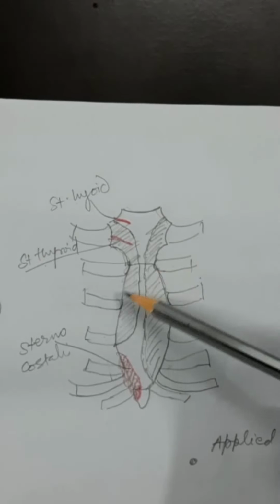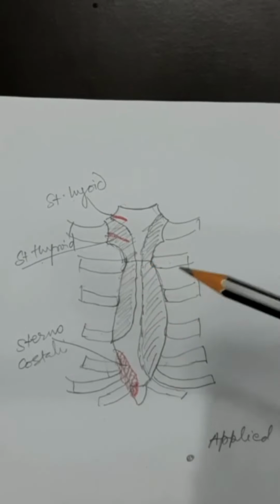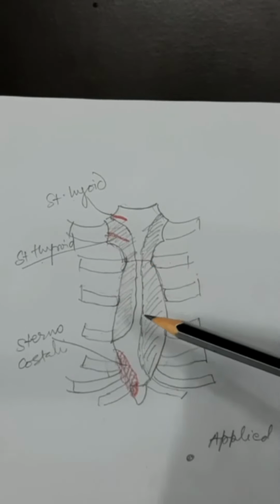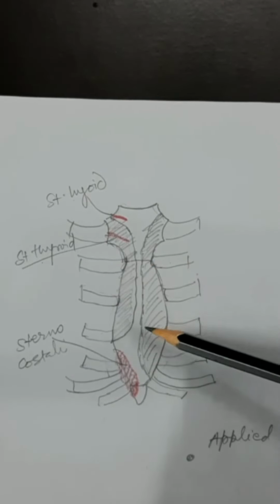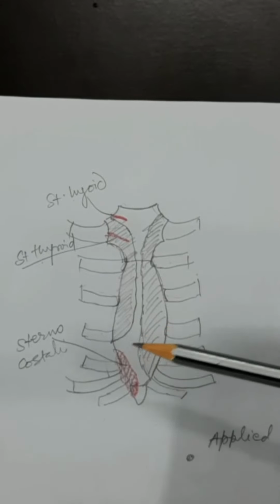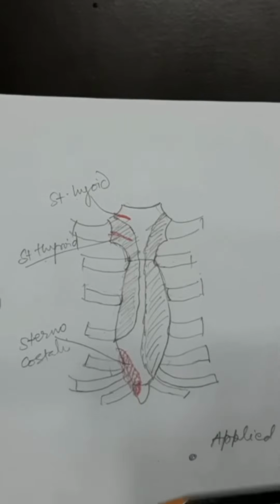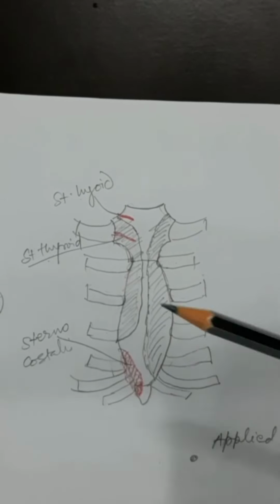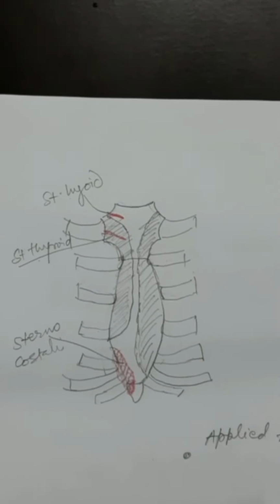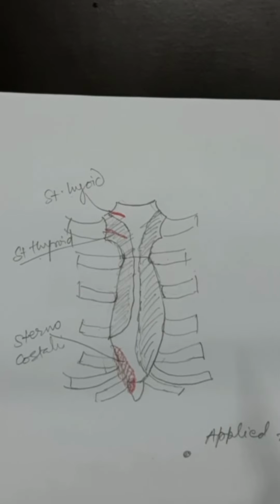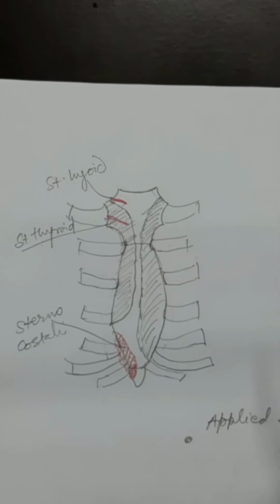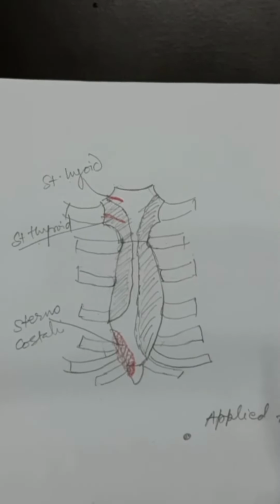Through this gap the pericardium also does not form, so you can see the heart beating, because the anterior chest wall is not formed. The bone is not formed, the skin is not formed, the pericardium is not formed, so the heart can be seen beating from the chest wall. This condition is called ectopia cordis.